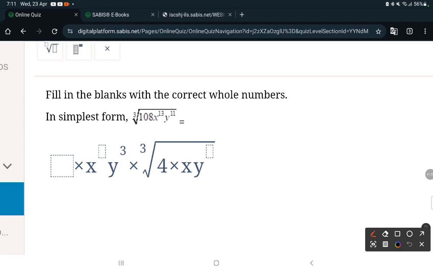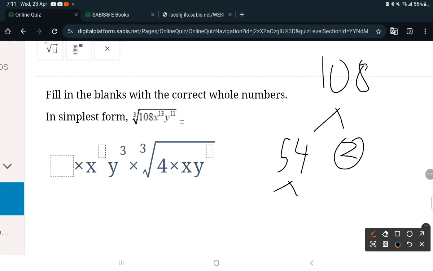Now here. The index is 3, so we're going to need the numbers in powers of 3. So I have 108. That's going to be 2 and 54. 54 is 9 and 6, or to make it easier, 2 and 27.